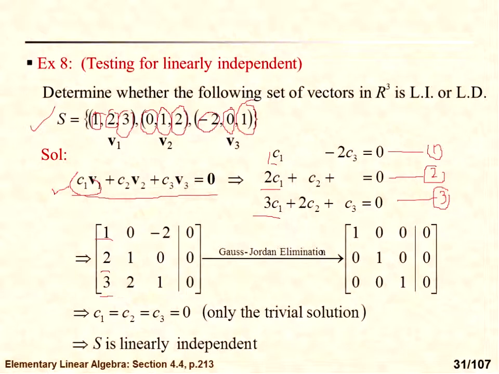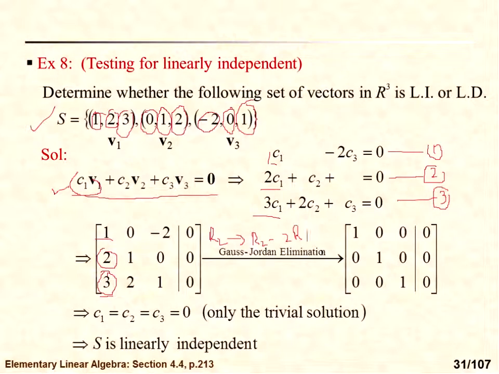In the same manner, I write the whole matrix and then apply the Gauss-Jordan elimination method, as we discussed in previous weeks. Our aim is to write 0 over here and 0 over here.